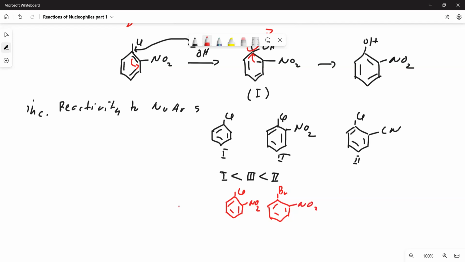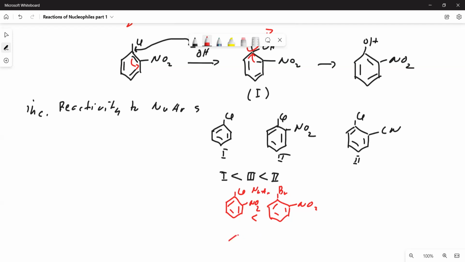So they differ only in terms of the leaving group. Which one is a better leaving group that can easily be replaced, and that is the bromine. So therefore, this one will be less reactive to nucleophilic aromatic substitution compared to a compound that has bromine.